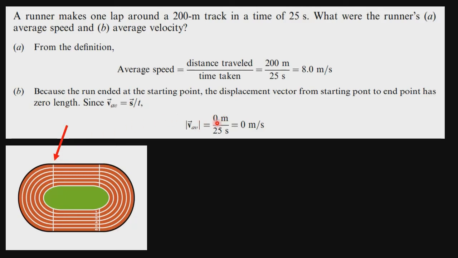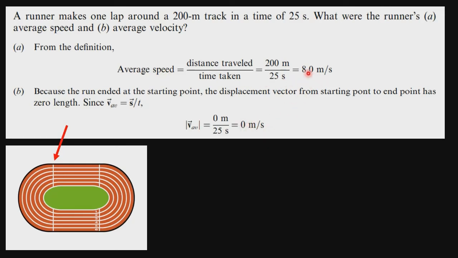Therefore the displacement is 0 meters divided by the time, which is 25 seconds, and therefore the velocity of the runner is 0, but the runner has a speed of 8 meters per second.